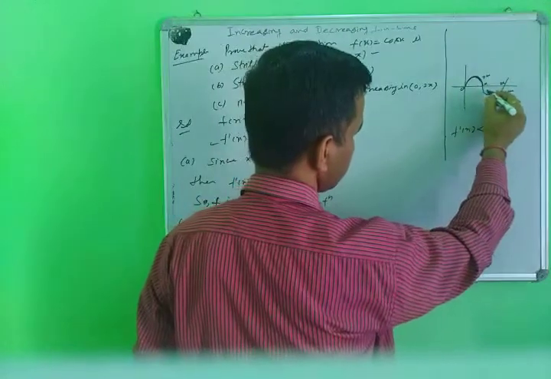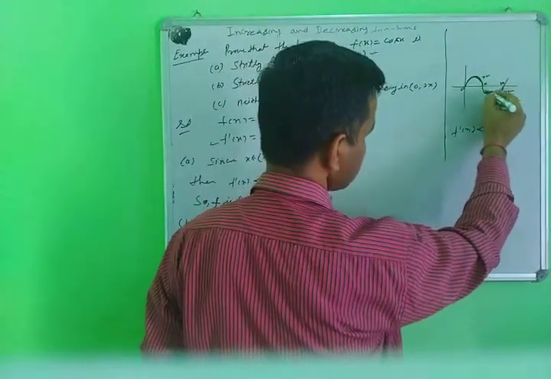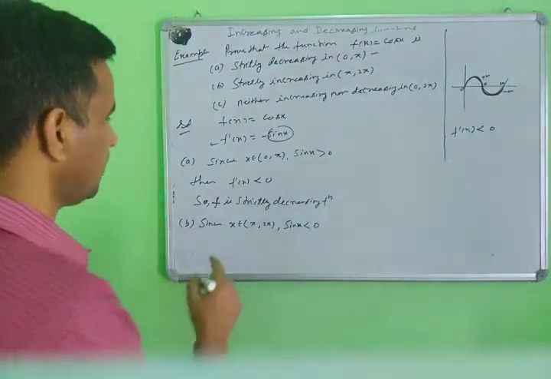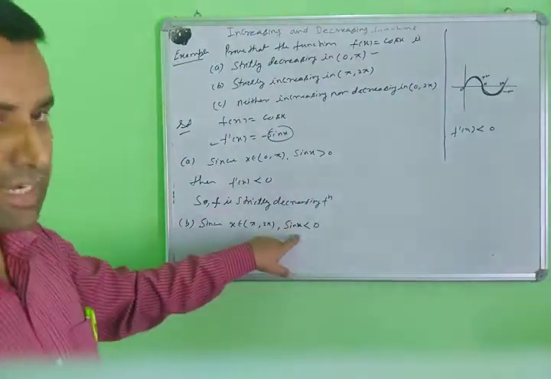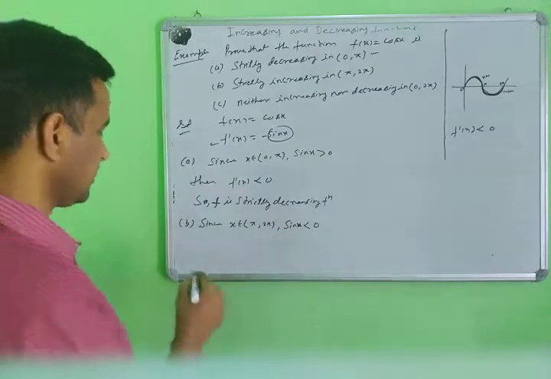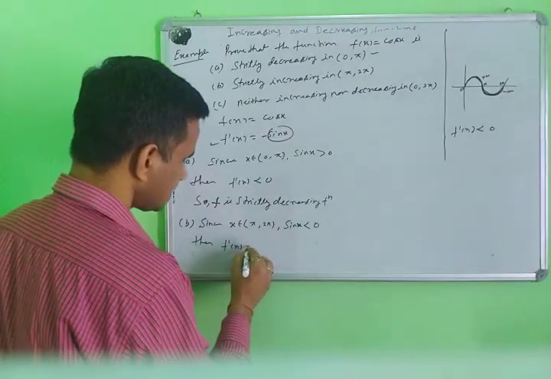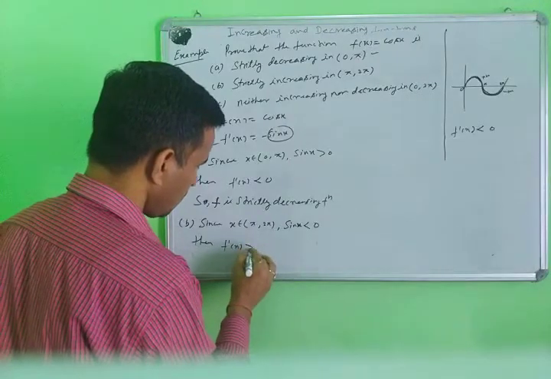This part has negative values. If sin x is negative, suppose minus 1, minus 2, minus 3, then the value of f dash x is greater than 0.